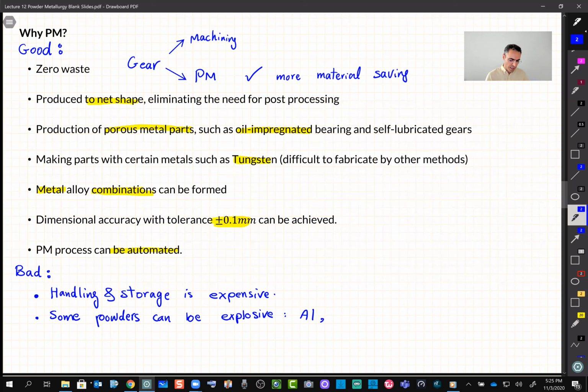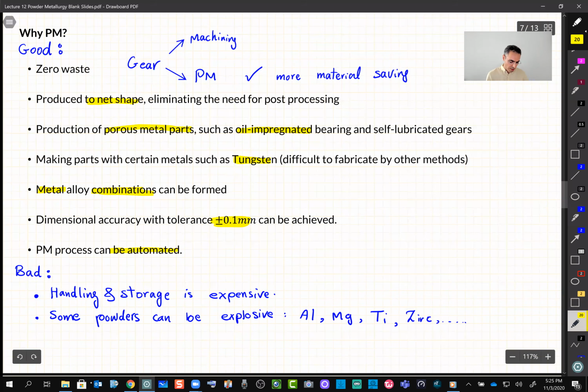So aluminum, magnesium, titanium, also zirconium, they can be explosive. Maybe there are other metals which you can look up. When they are in the form of powder, they can be explosive.